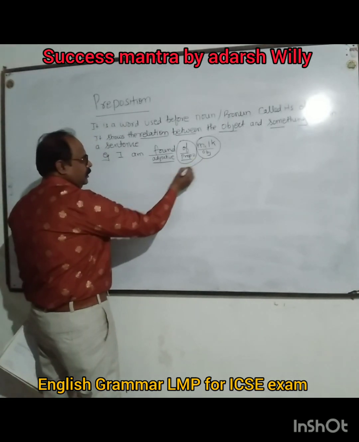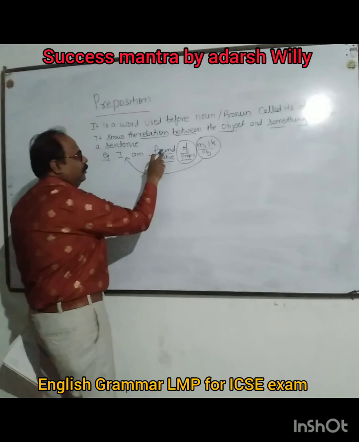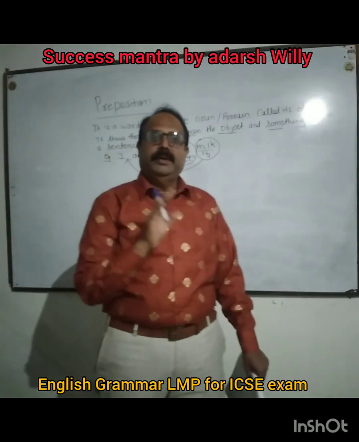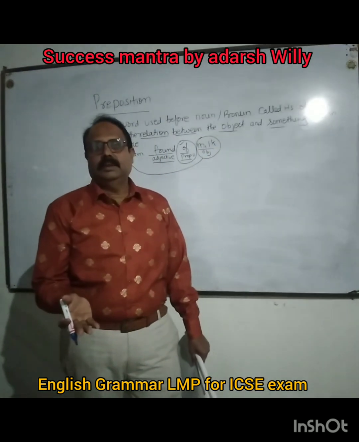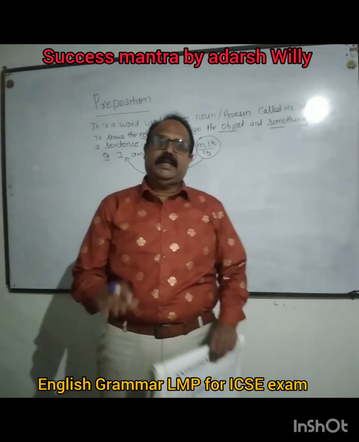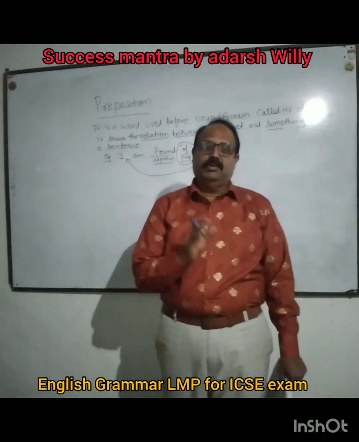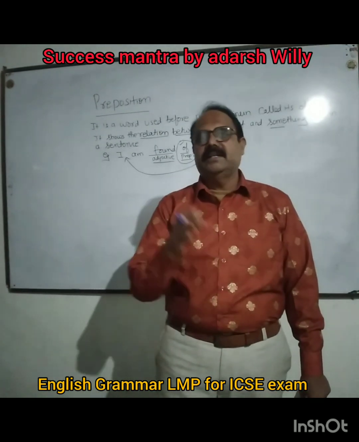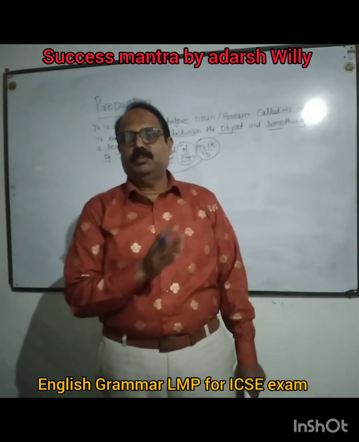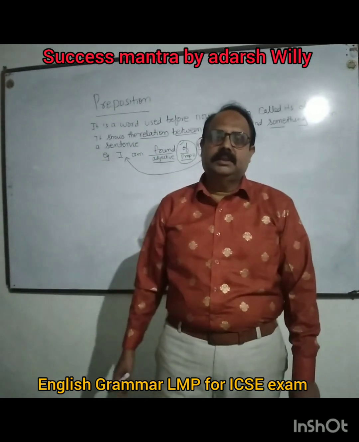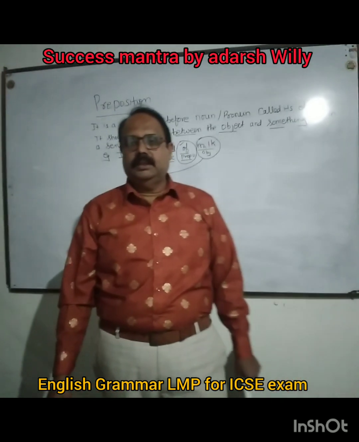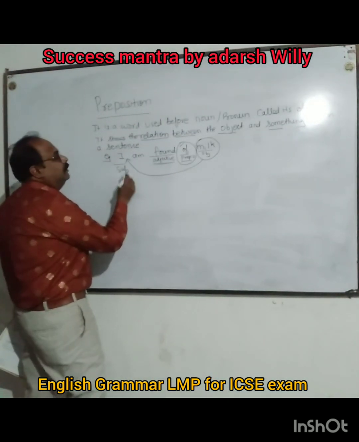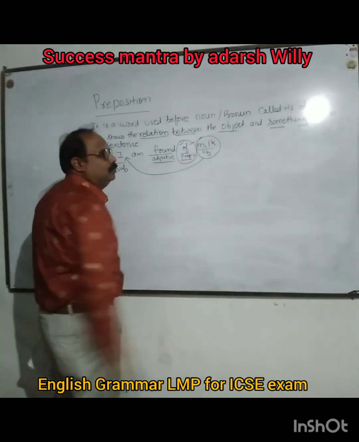So this word of is showing the relationship between the object and the subject. A preposition is used before a noun or a pronoun and shows the relationship between the object and something else in the sentence, most probably the subject. In this case, the subject is I, and the preposition of is used.